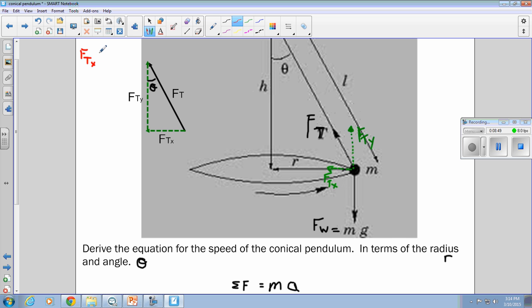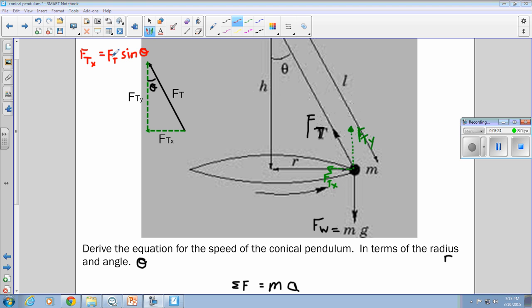the force tension in the x direction is equal to the magnitude of our vector, or the hypotenuse, times the sine of theta. And the reason why it's sine is because sine of theta is equal to opposite over hypotenuse.